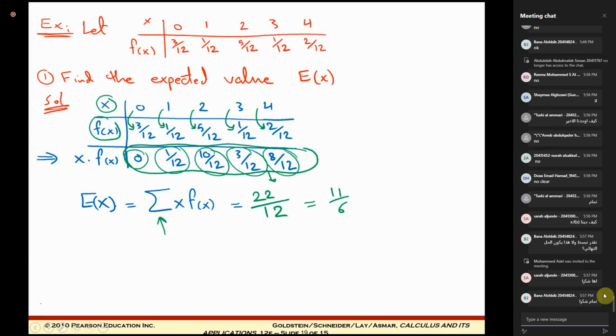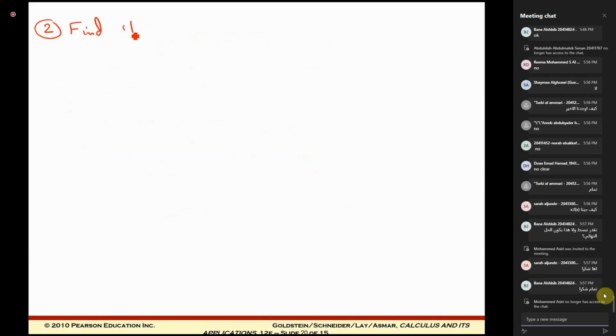طيب الآن أيضا ممكن أسأل عن الفاريانس. Find the variance. Number 2, find the variance, which is sigma square.